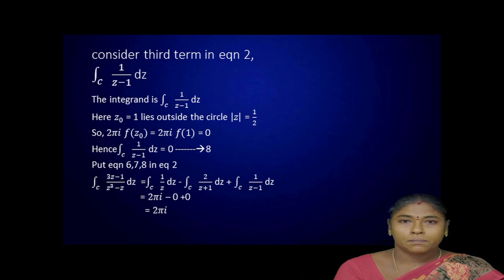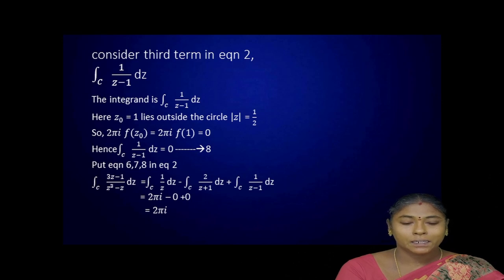The third term is the integral over C of 1 by (z minus 1). Comparing it with Cauchy integral formula, f of z is equal to 1 and z naught is equal to 1. Here the circle is mod z equal to 1 by 2, so 1 lies outside the circle. So once again the integral is 0, and the third integral value becomes 0.